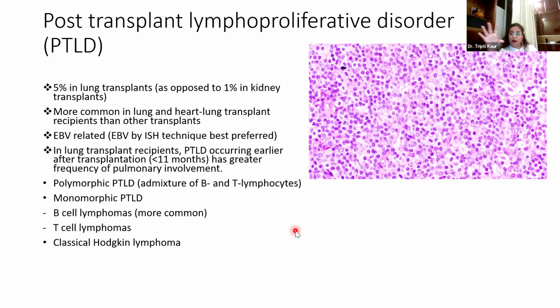PTLD is found in 5% of lung transplant patients as opposed to 1% in kidney transplant patients. It is an EBV related disorder, and it is of 3 types: polymorphic PTLD, monomorphic PTLD, and classical Hodgkin's lymphoma. You can go through the IHC markers for all these entities.